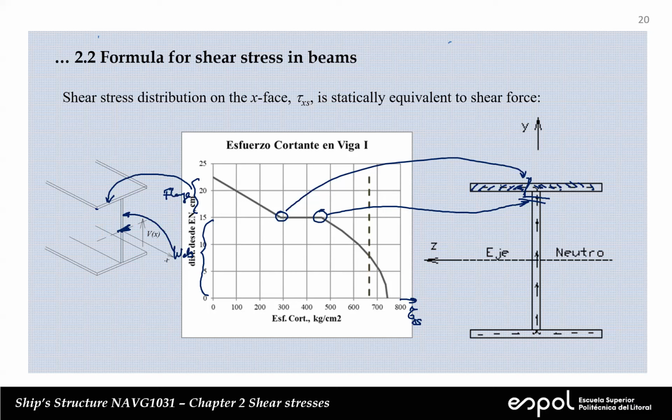If you do this analysis considering not the shear stress but the shear flow, you will see some sort of continuity. You go up, it's like a big pipe, and then you split in two. So you go half on one side and the other half to the other side.